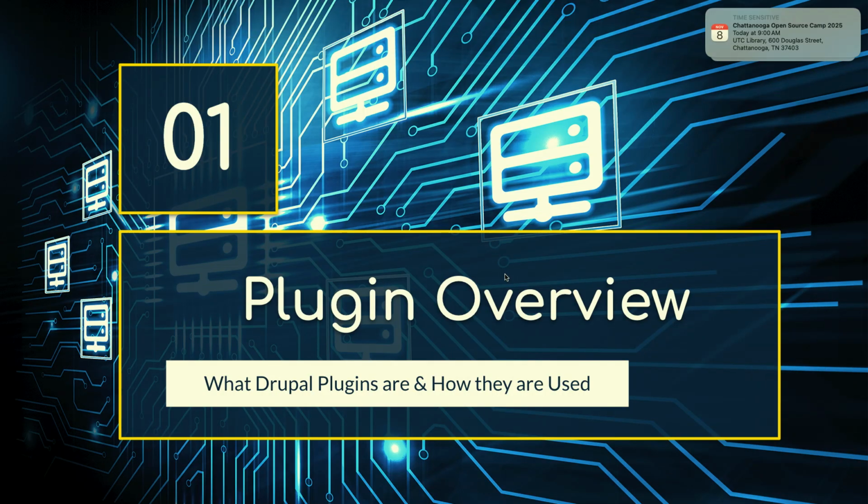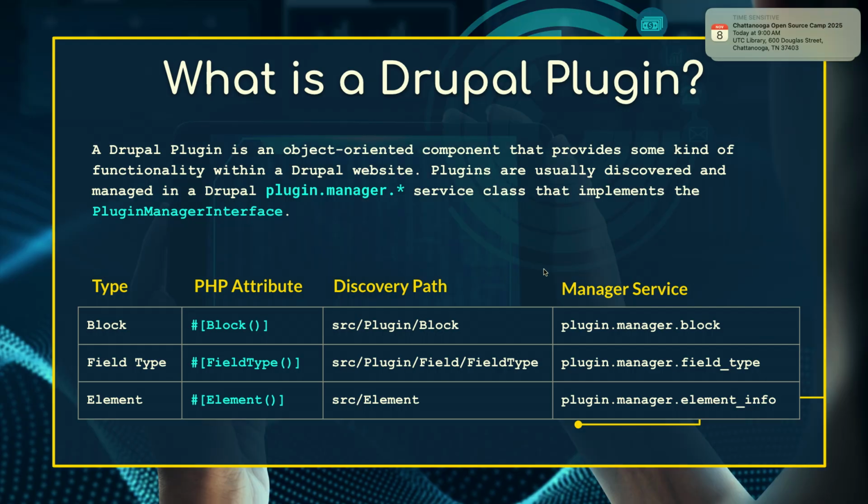Okay, so what plugins are? A Drupal plugin is an object-oriented component that provides some kind of functionality within a Drupal website. They're usually discovered by a plugin service that's usually named plugin.manager.whatever you're naming your plugin.